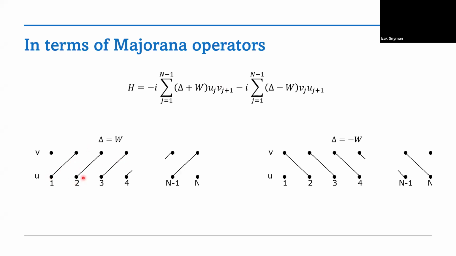These lines represent the couplings that are down here. And you see u1 is coupled to d3 and so on. Whereas if I set delta equals minus W, you have only these terms that are called uj to uj plus 1.